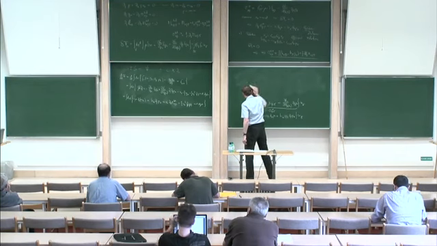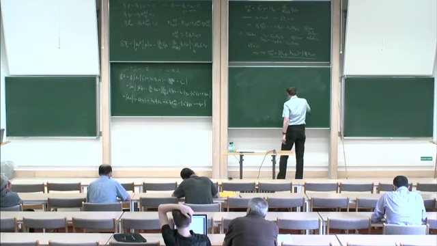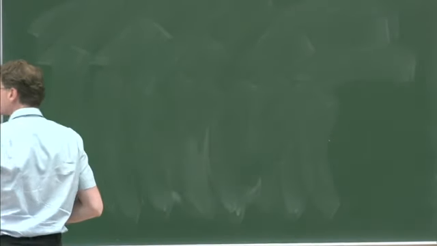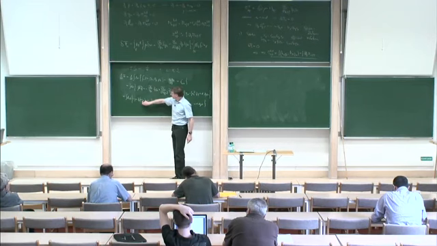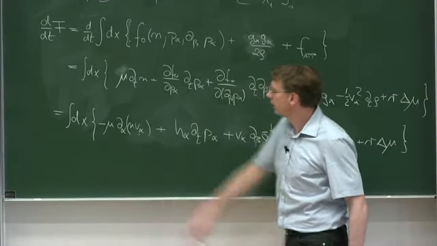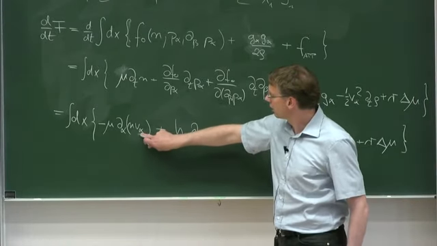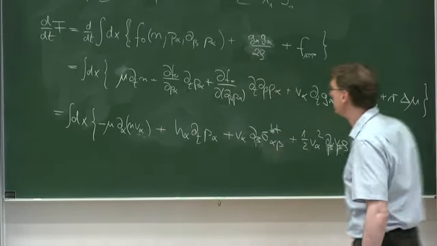This is now only algebra, there's nothing deep. So this one here I will also use a partial integration because I want to single out terms corresponding to my v in the end.